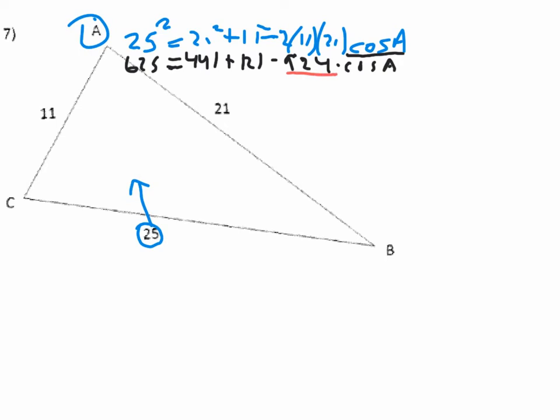So we'll subtract 441 and 121, or you could add those up first and then subtract just one number. So this would be 562 that you're subtracting across. And we get 63 is equal to negative 924 times cosine A.